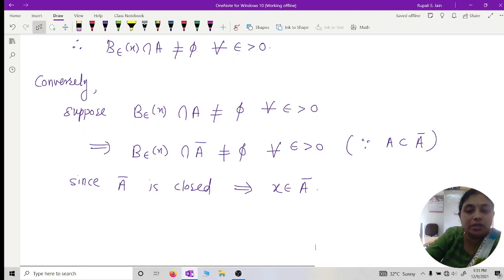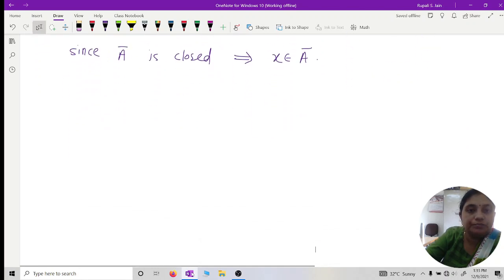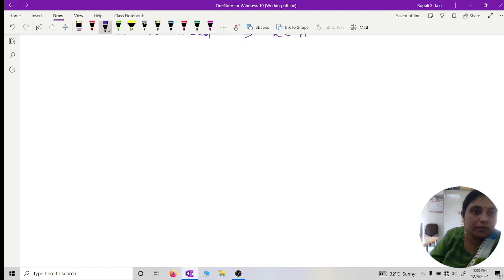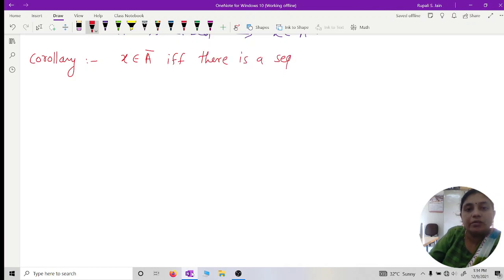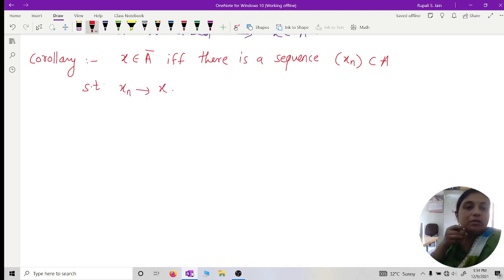So next, we can have one corollary. Corollary: X belongs to A closure if and only if there is a sequence xn contained in A such that xn converges to X. So if we take a point X in A closure, then there must exist a sequence in A which converges to that X, that we want to show.